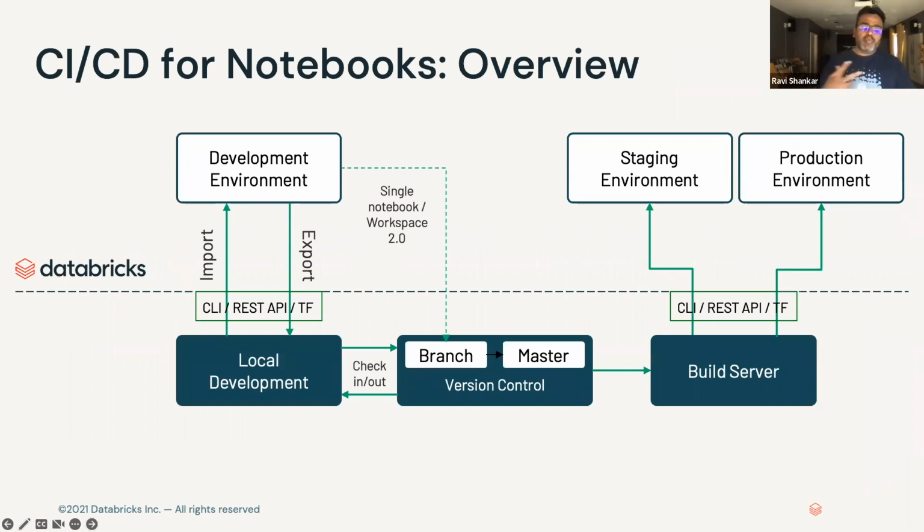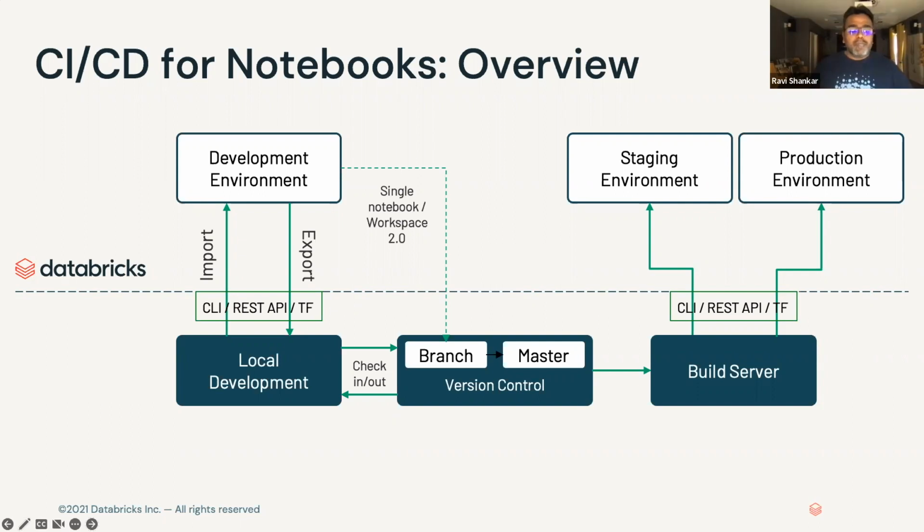There are two steps with respect to Databricks that I want to talk about: before Workspace 2.0 and after Workspace 2.0. Before Workspace 2.0, you see there is a development, staging and production environment at the top, and at the bottom there is a local environment followed by the CI/CD process, like a branch, master and a build server.